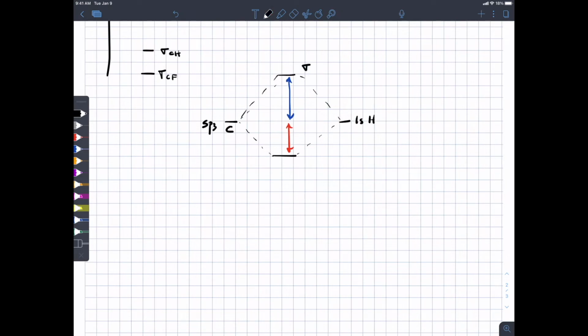This would be the carbon-hydrogen sigma star. This would be the carbon-hydrogen sigma. Let's say fluorine starts out here, and I'm not sure how that would go relatively. Let's suppose we only go down 2 units for fluorine instead of 3, because the difference in energy to begin with is larger. But by virtue of the fact that fluorine starts out lower, even though we're only stabilizing by about 2 units, we're still lower in energy than the carbon-hydrogen sigma star.